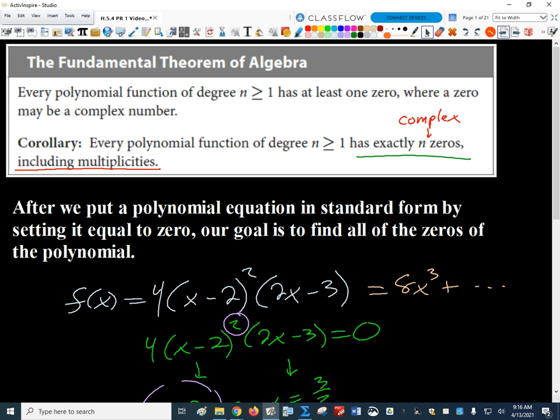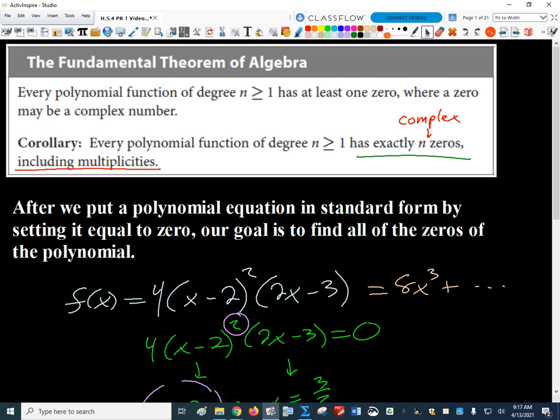So the fundamental theorem of algebra tells us that every polynomial function of degree n, where n is some positive degree, has exactly that many zeros, n zeros. So an nth degree polynomial has n complex zeros every time, as long as we're including multiplicities. So factors that show up more than once, to a power, count as multiple factors.